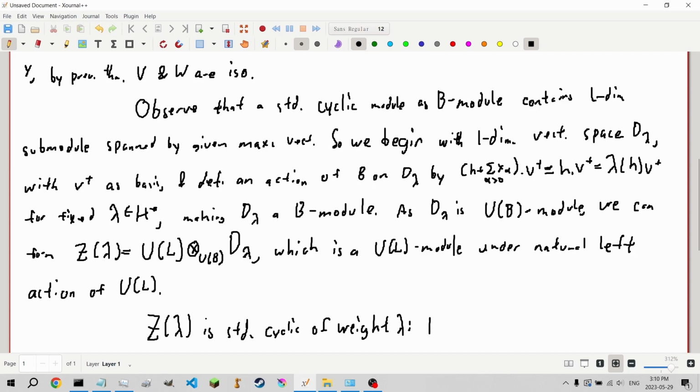First off, we notice that the tensor of 1 with v plus generates our Z lambda, obviously.